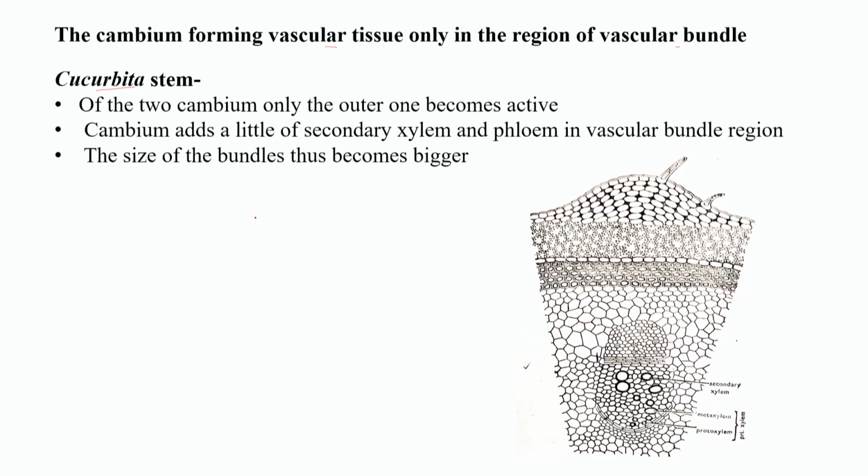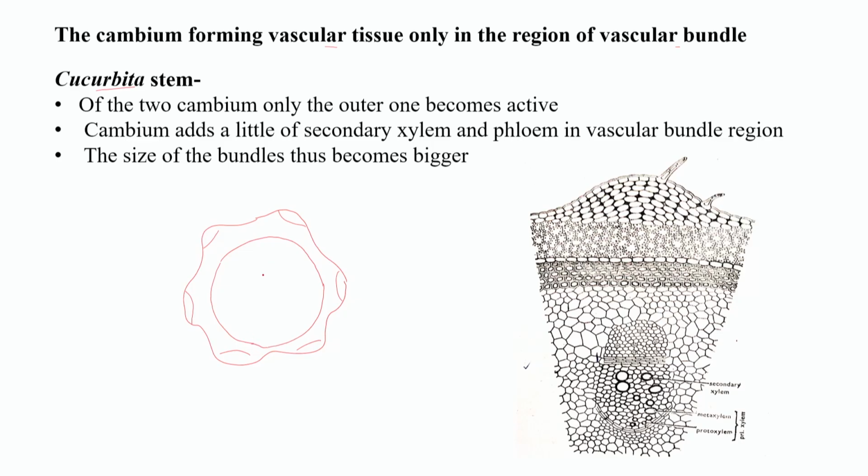In Cucurbita, we have seen in the previous class that it has two rings of vascular bundles. They have wavy margins, and at the ridges there is collenchyma, and in the center you will have the pith, and the pericycle and cortex.